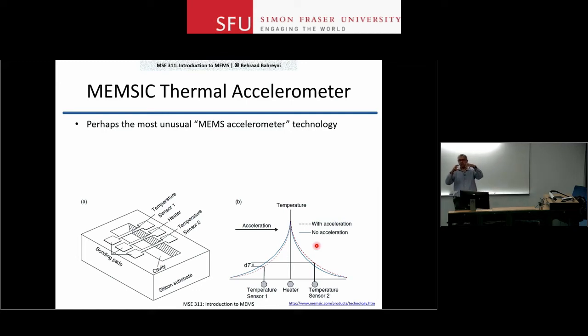And therefore, you get a temperature difference. When you look at these two temperature sensors, if you apply an acceleration, now they measure a difference in temperature. One of them may measure 50.1 degrees, the other one may measure 49.9 degrees instead of 50 before. And this is an ingenious solution.